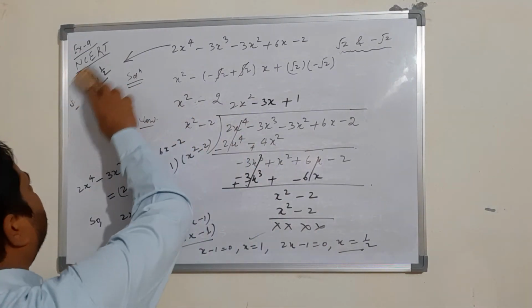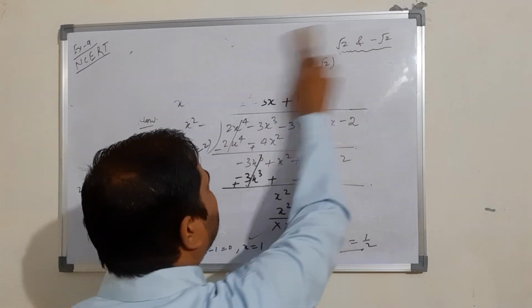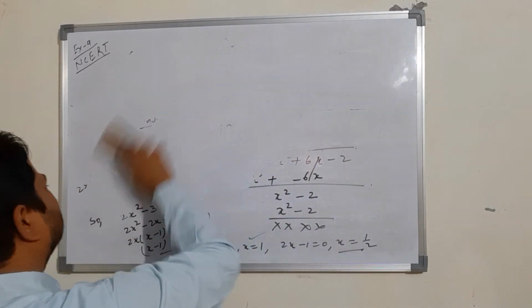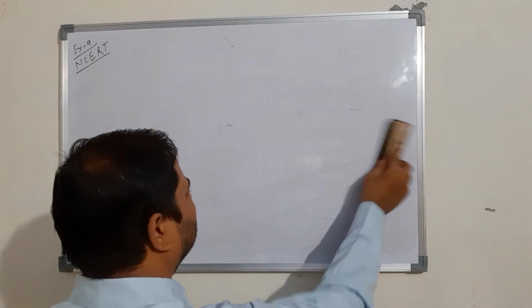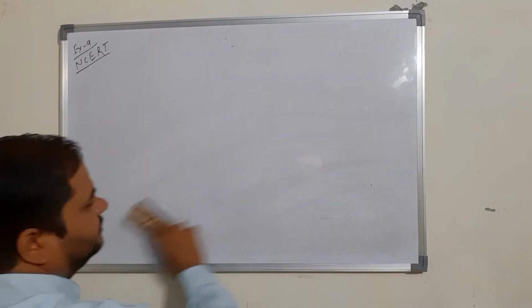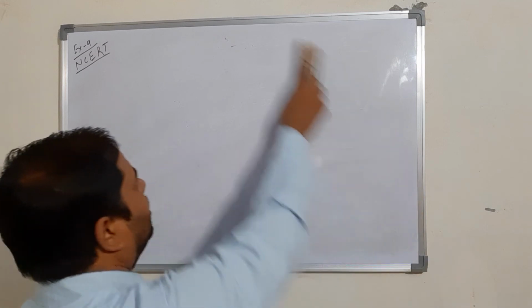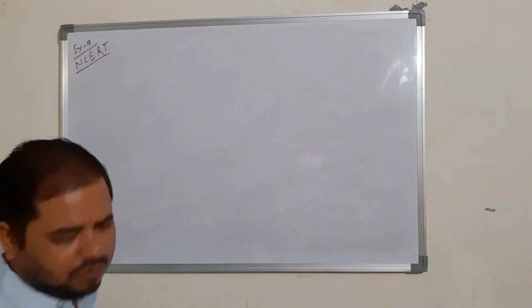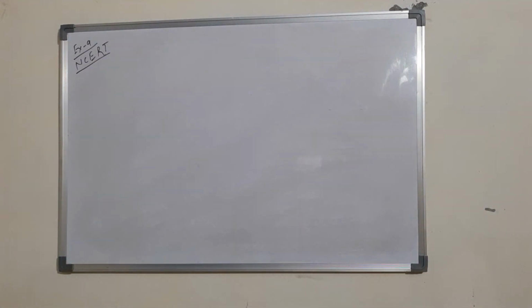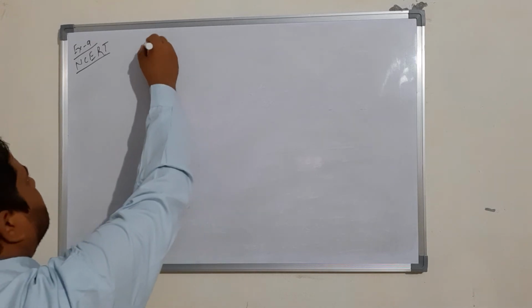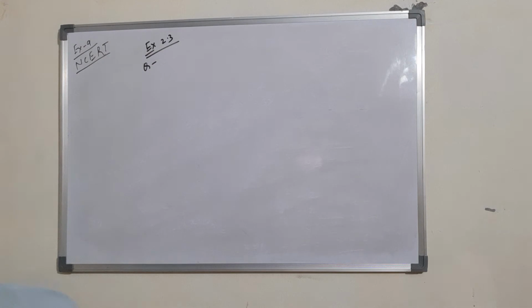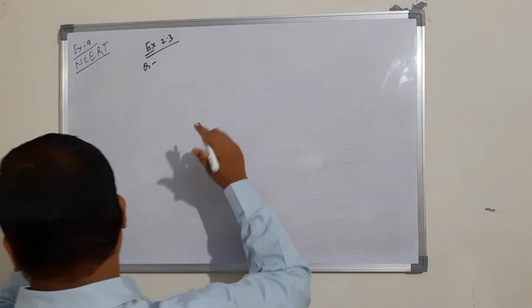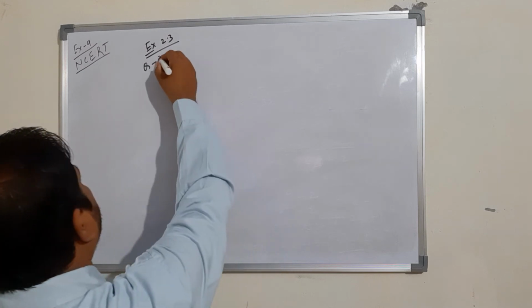Now the same type of question: find all the zeros of the polynomial. First of all, note down the question. Exercise 2.3, question number 3.